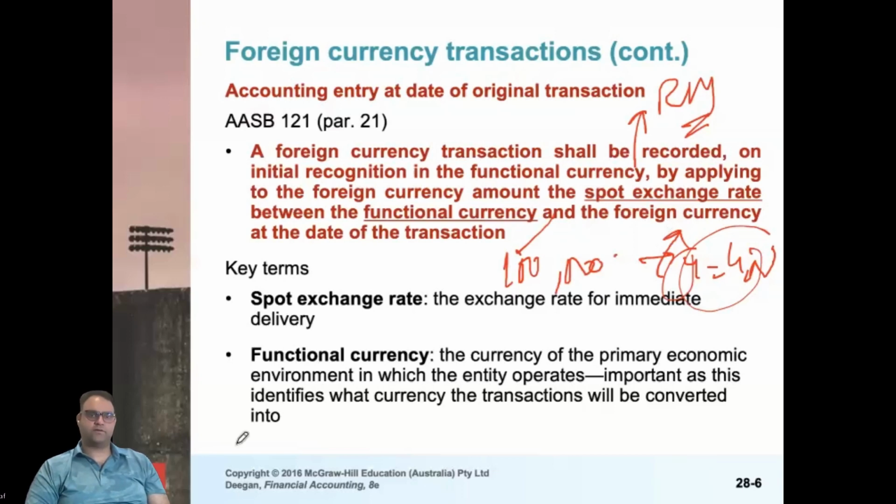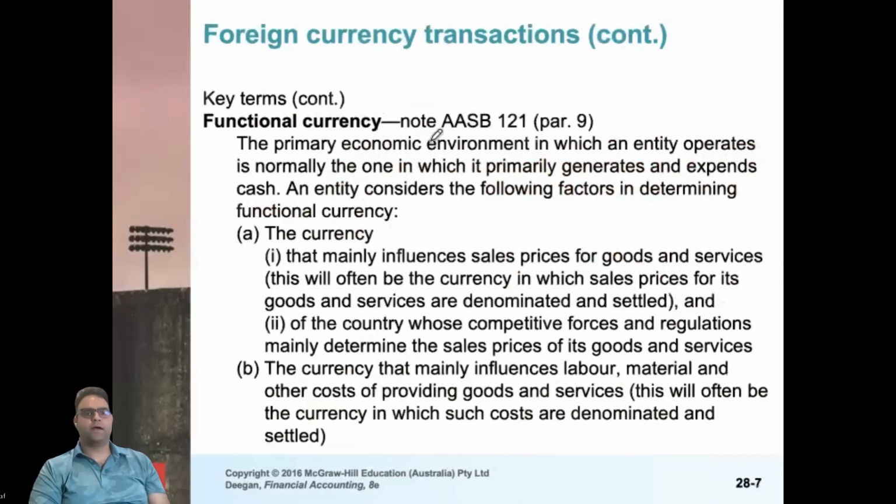So there's a spot exchange rate, and there's a functional currency definition, which is a key term given in the definitions. Then they talk about the functional currency. What is a functional currency? How do you decide that this currency is my functional currency? Maybe I am an Iranian company working in Malaysia but dealing in the US.